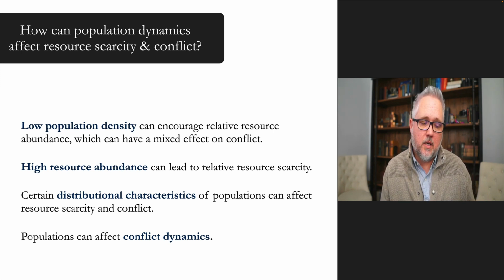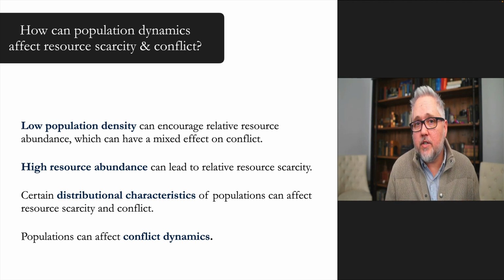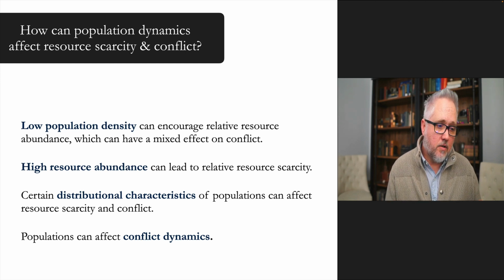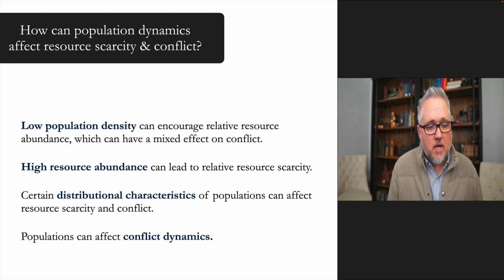However, it could also be an incentive for other people to try to seize more control when there's relative abundance. There's more to gain if you try to take over a particular territory or group of people. High resource abundance can lead to relative resource scarcity if one part of the population has more than other parts of the population. Also, that connects to distributional characteristics of the population, and then populations can affect conflict dynamics.